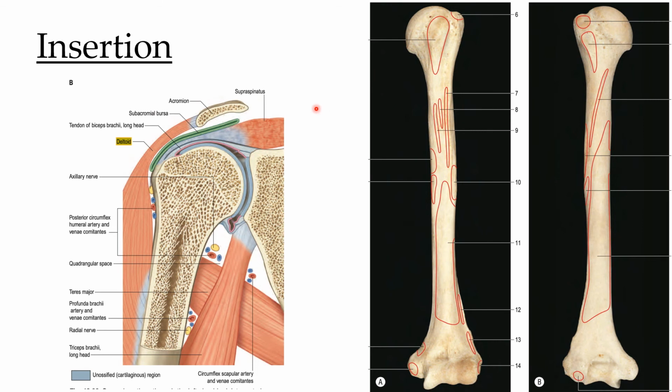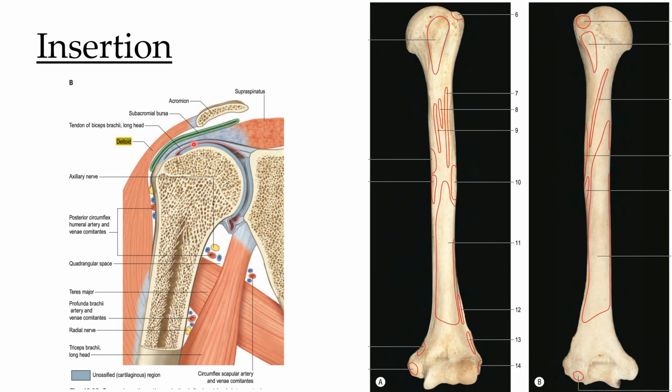Now, we need to concentrate on the illustration present on the left side. Here, this is the coronal section of the shoulder joint. Here you can see these are the fibers of supraspinatus muscle. They pass deep to the subacromial bursa. We have already talked about the role of subacromial bursa. It protects the underlying supraspinatus tendon from the above lying acromial process.